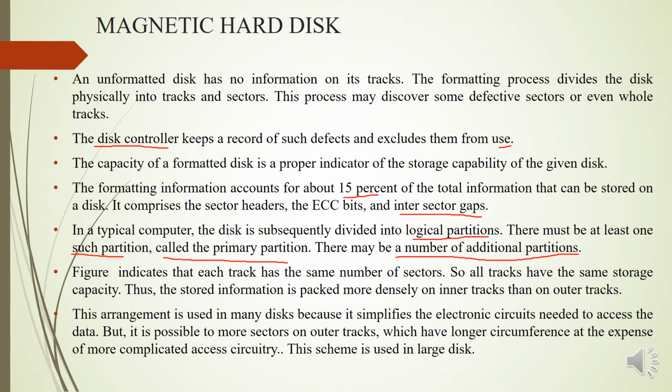This arrangement is used in many disks because it simplifies the electronic circuits needed to access the data. But it is possible to have more sectors on outer tracks, which have a longer circumference, at the expense of more complicated access circuitry. This scheme is used in large disks.